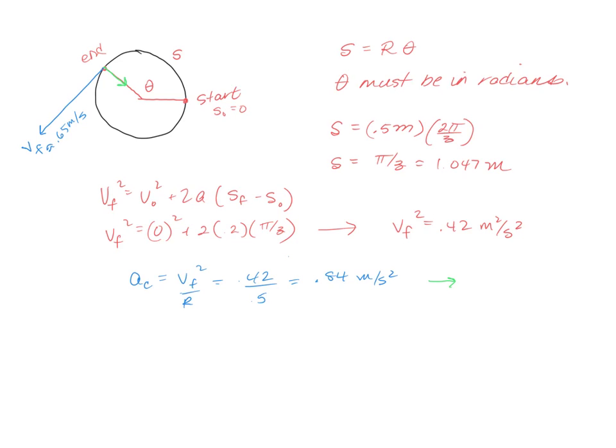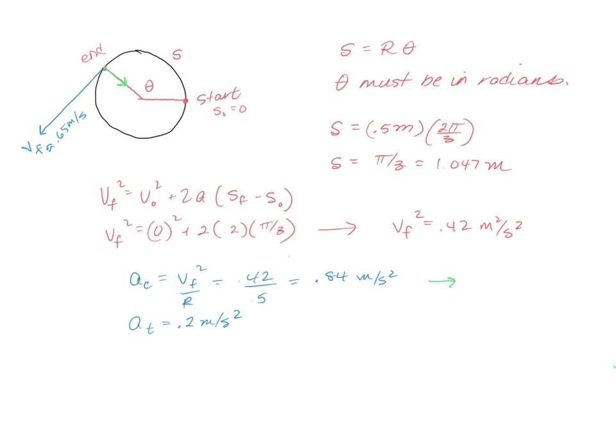But we do have a linear acceleration, an acceleration in the direction of v final, which we usually call the tangential acceleration. I'm going to put that in blue. So a tangential is equal to 0.2 meters per second squared, which we were given.